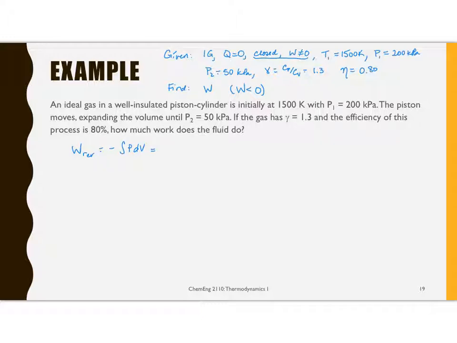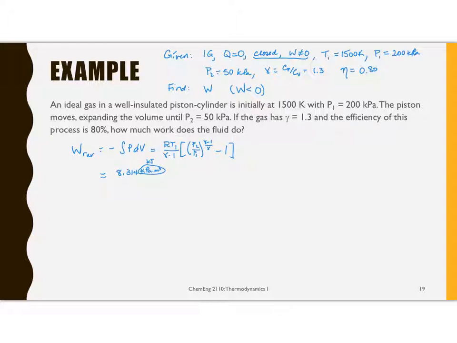In this particular case, data I have is temperatures and pressures. So the form of the equation that I want to use is RT1 over gamma minus 1 times P2 over P1 to the gamma minus 1 over gamma power, all minus 1. And if I plug in values for this, then R is 8.314 kilopascal meter cubed, or I can use kilojoules, your choice.